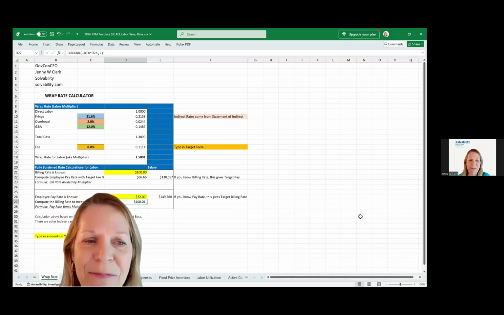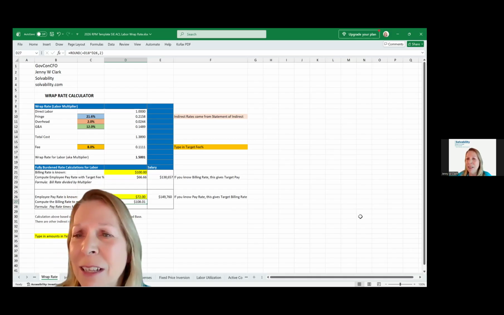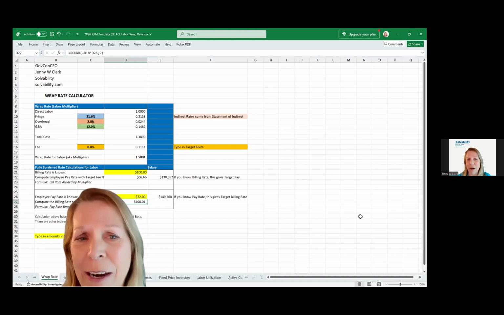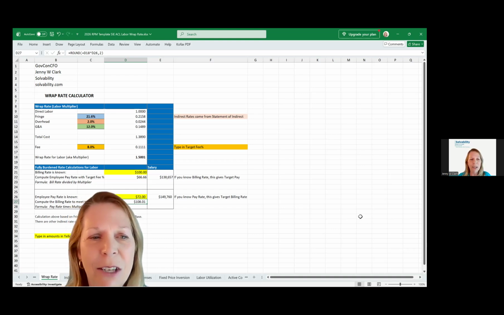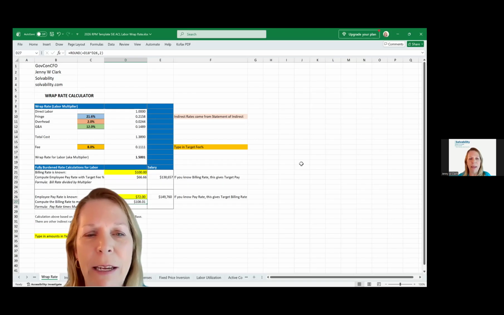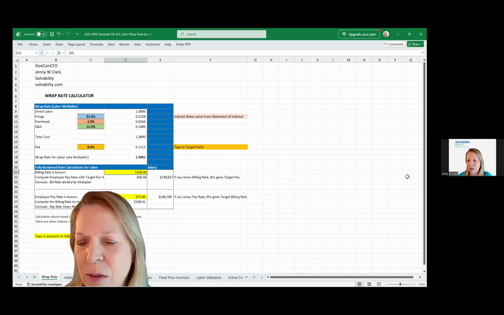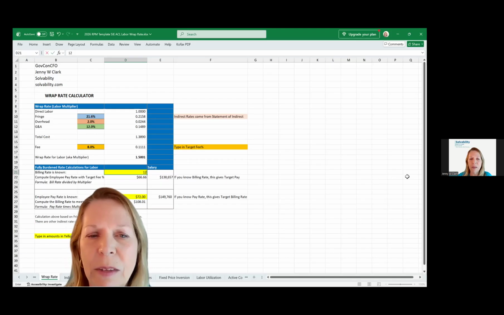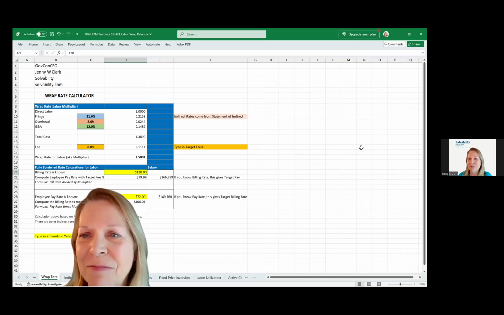When that happens, sometimes you need to know the billing rate for that labor category. Okay, so let's pretend that the billing rate is 120 an hour. This section where I've typed in the billing rate takes 120 an hour divided by that 1.5 and gives me about 80 bucks an hour.